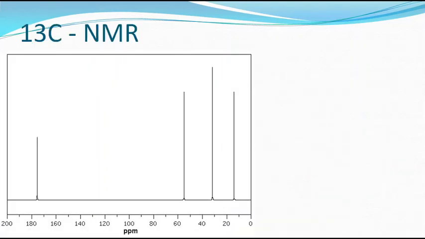if you see the C13 NMR, you can see the carbonyl peak here, the carbonyl carbon, and there are 3 other carbons. Therefore there are 4 carbons. Of the 4 carbons, one is carbonyl, and this other peak has special information.